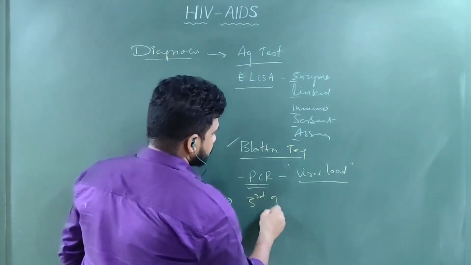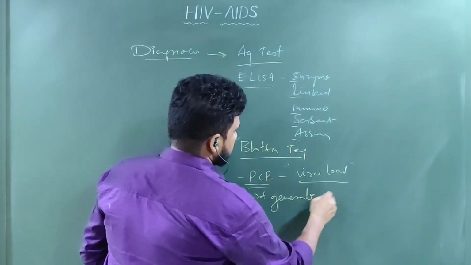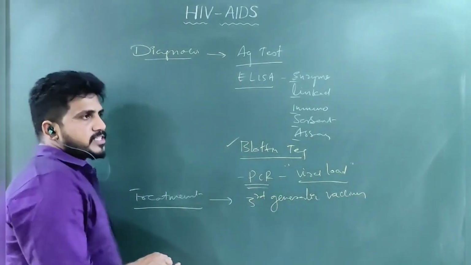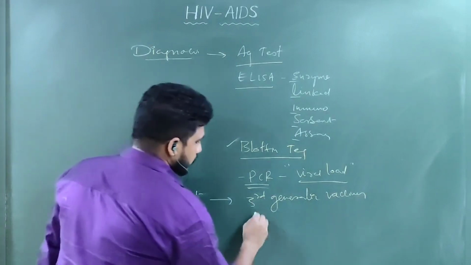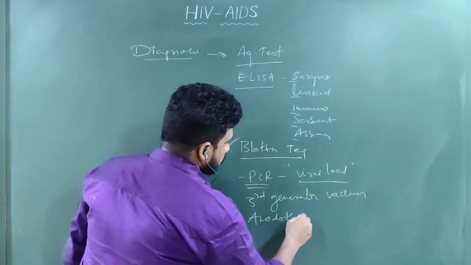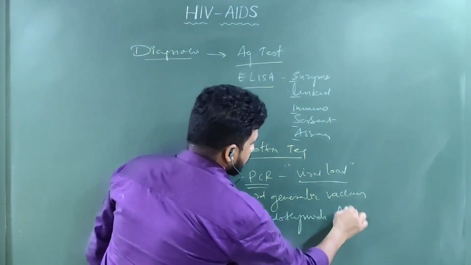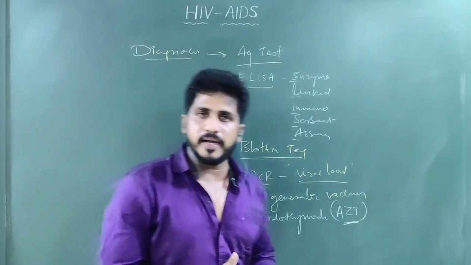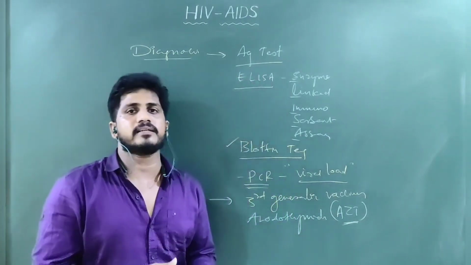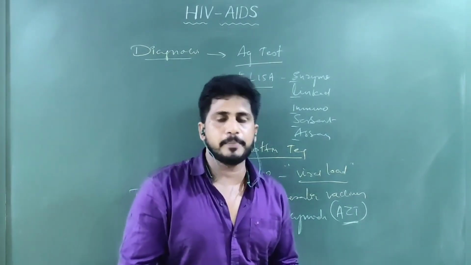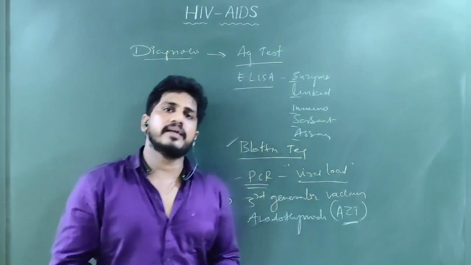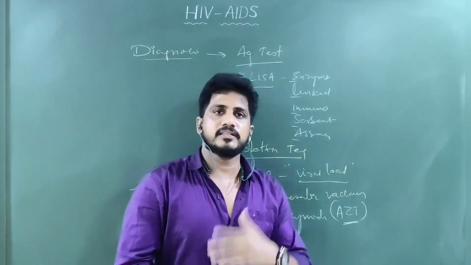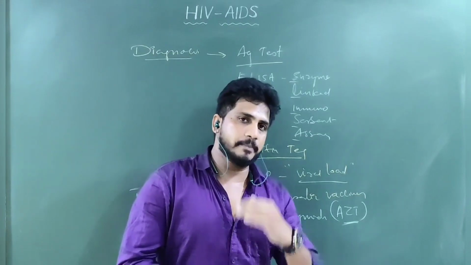In the early stage, treatment can be given with azidothymidine, simply called AZT. If AZT injections are given to a pregnant woman who is suspected or diagnosed as an AIDS patient or HIV positive, in the early stages, then through the placenta this transmission can be prevented.